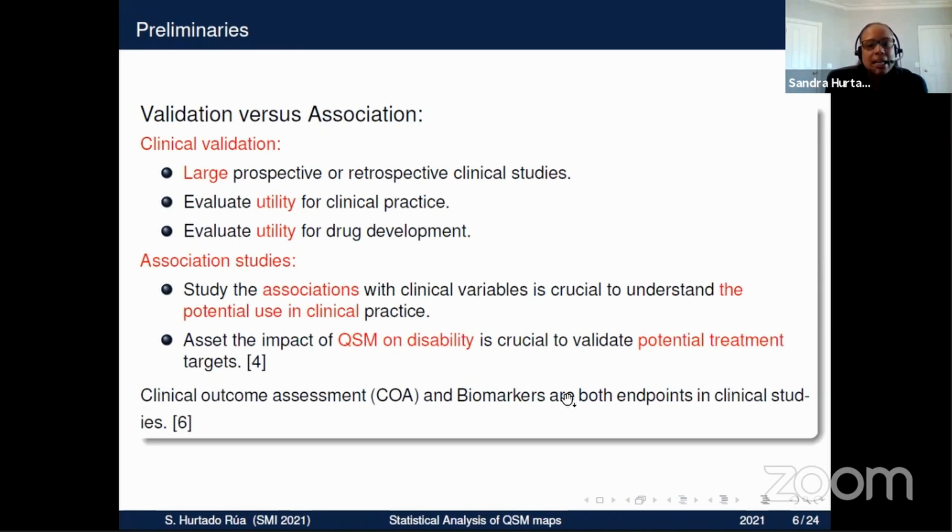There is an important thing for us here: when we think about the biomarker itself, in all the models QSM, if it is the biomarker, is the outcome. But here, when we want to see the utility in clinical practice, we want to flip around. My clinical outcome is the response variable, and my explanatory variable is the biomarker. So it's a little bit different from the usual setup in the statistical thinking of the model.